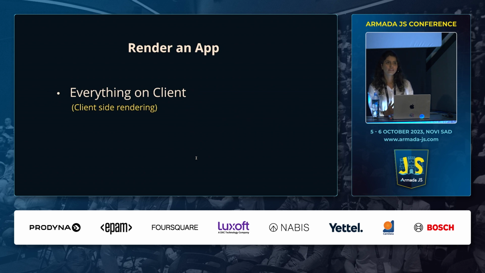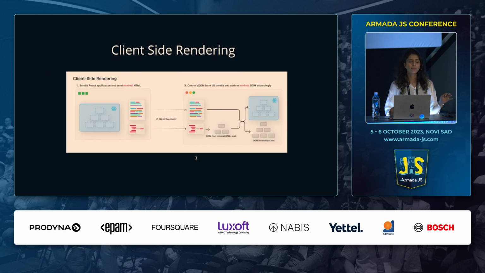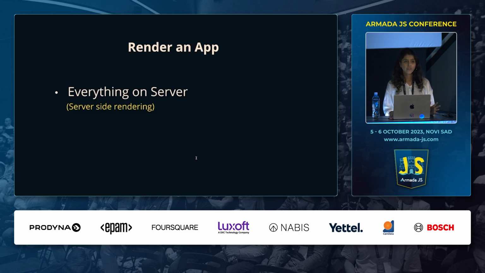So traditionally, React offers multiple ways to render an application. One is where you render everything on the client. In client-side rendering, we only send minimal HTML, and everything is in the JS bundle. Then from the JS bundle, React will create the DOM accordingly. In server-side rendering, everything is rendered on the server.